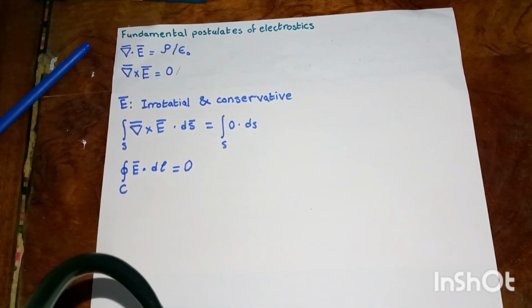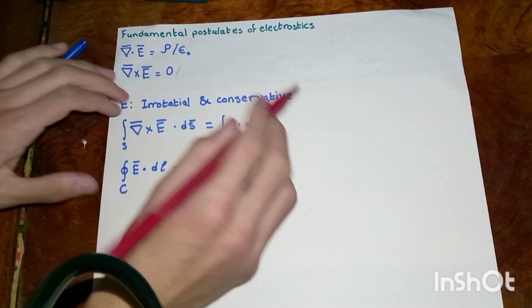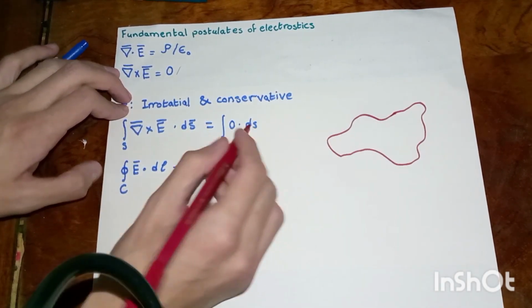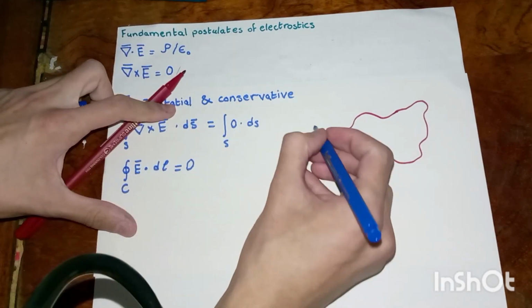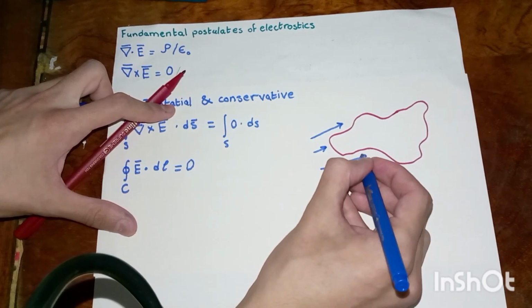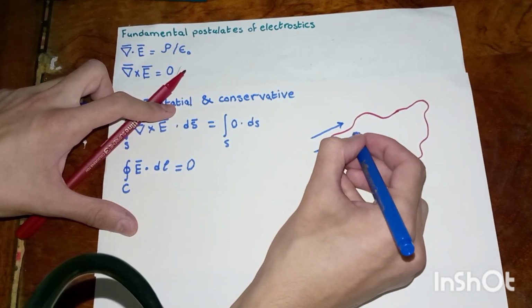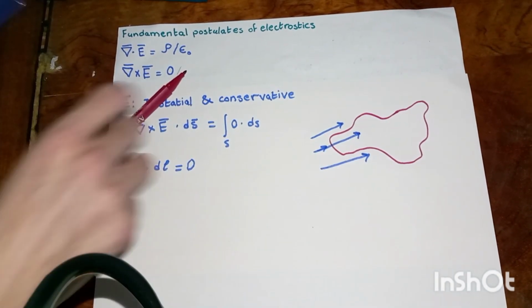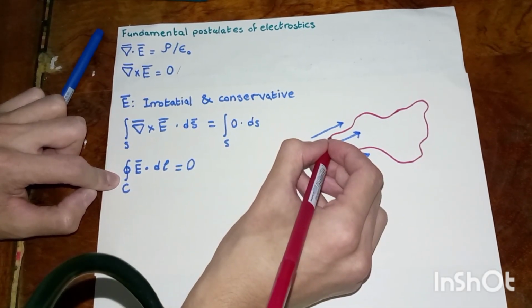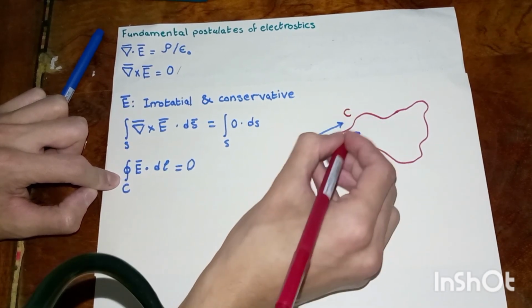And when we draw, for example, some closed arbitrary path, something like this, and we have the vector field E, which is not rotational, as we saw before, the integration of the vector field around this closed path C is equal to 0.